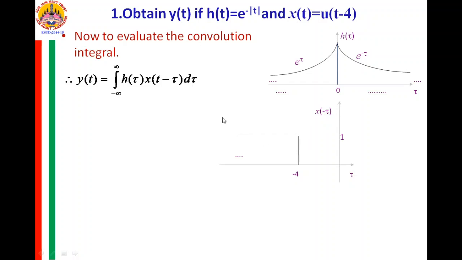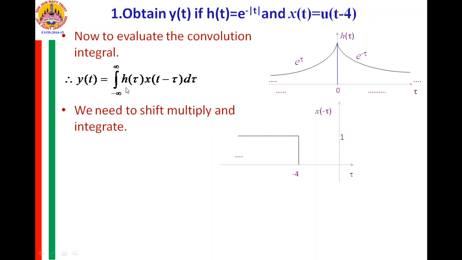Now what is your observation between this h of tau and x of minus tau? We need to shift, multiply and integrate this x of t minus tau. We have to shift it by an amount of t and multiply it with h of tau, and then integrate the product with respect to tau for the entire duration. So in this duration of minus infinity to plus infinity, the range for which this product exists will come.